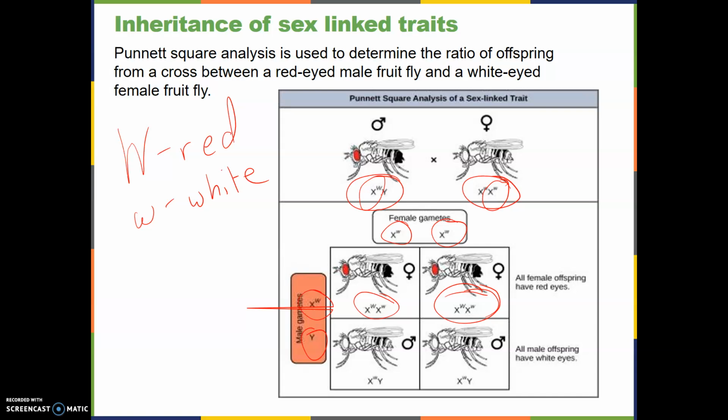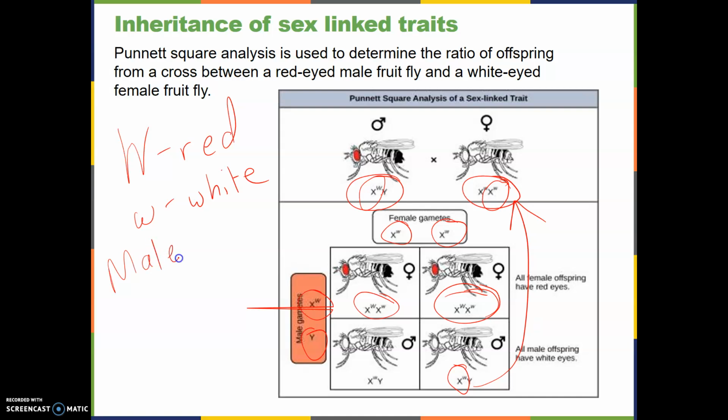In the males, the male offspring are all going to have white eyes, because ask yourself, where did the male fruit flies get their X chromosome? They got their X chromosome from the mother, and she only had the white eye allele to give. So this shows you another thing about X-linked traits: males inherit X-linked traits from their mother.